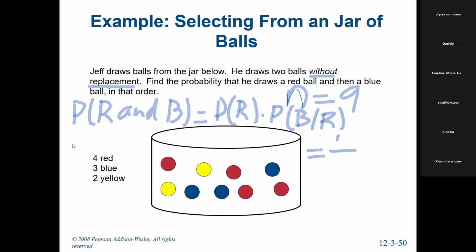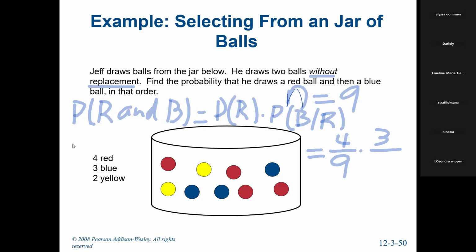4, over what? 9. This is the red ball, right? Times the second ball is a blue ball. How many blue balls do you have? 3, over what? 9?